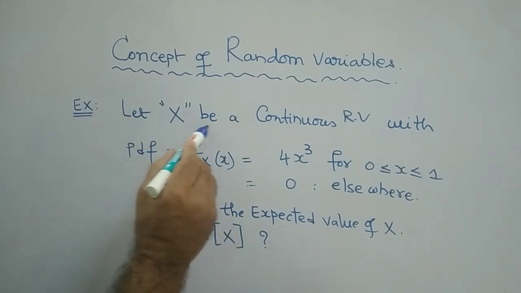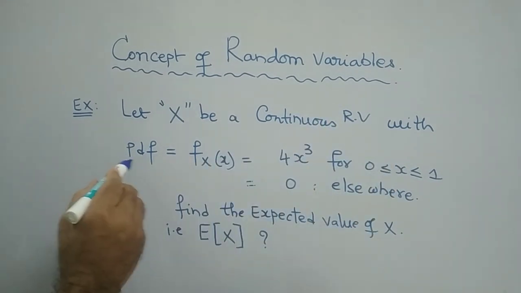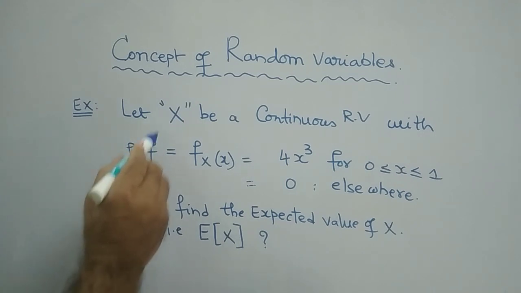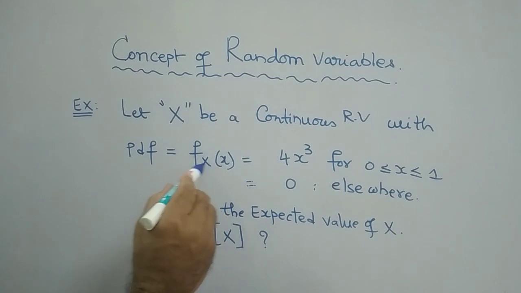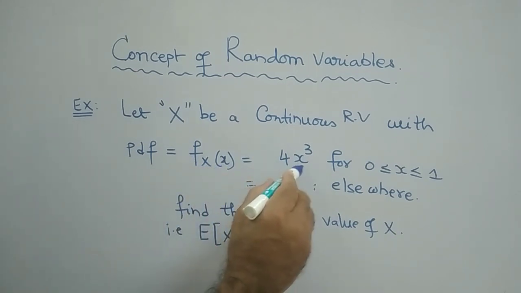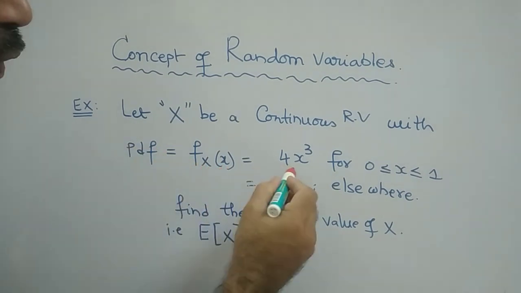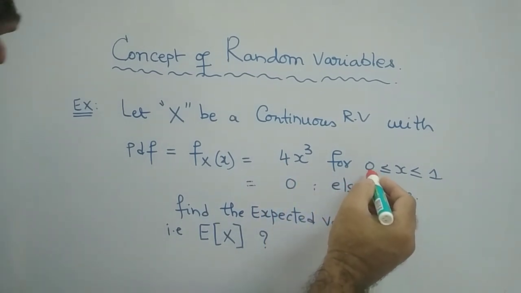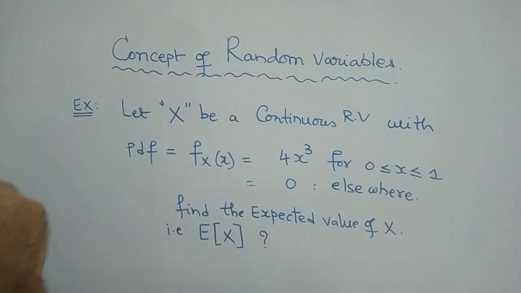Let x be a continuous random variable with PDF, the probability density function of random variable x, denoted by small f of x, equal to 4x cube. This function f of x is defined for the interval 0 less than or equal to small x less than or equal to 1.